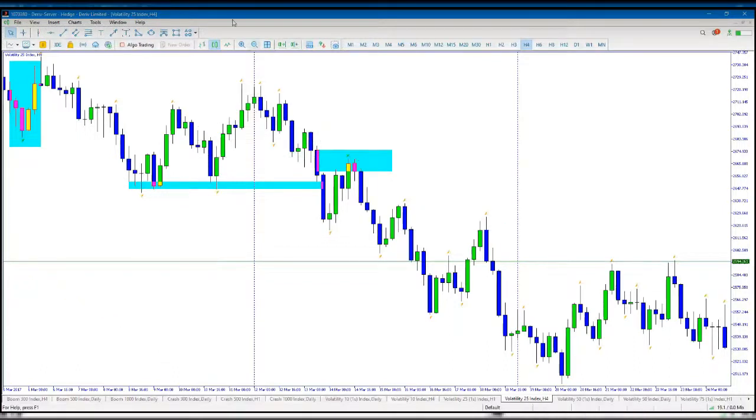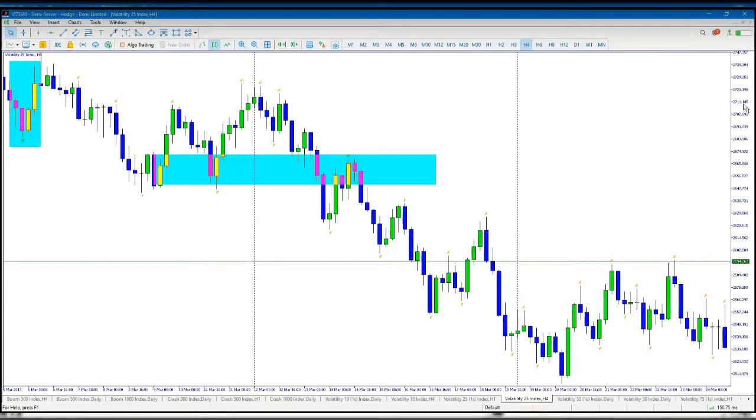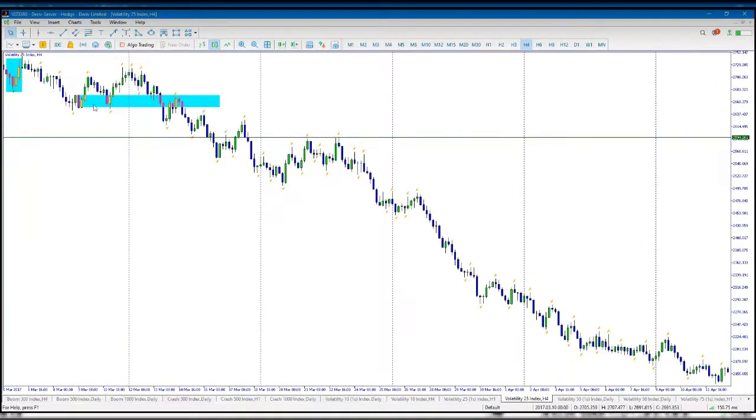Well, if you follow the boot camp, we talked about a move like this. This is the last structural point, then price came down. This zone is a valid reason for price to turn back from.